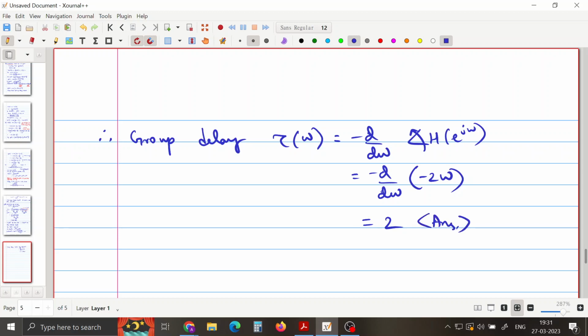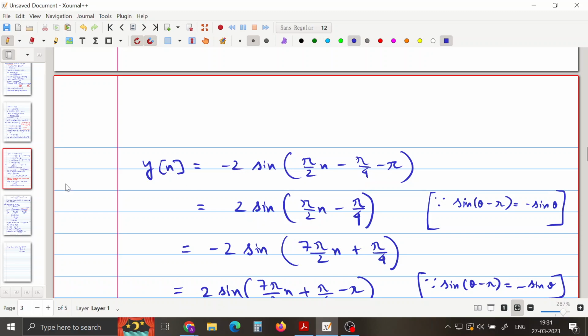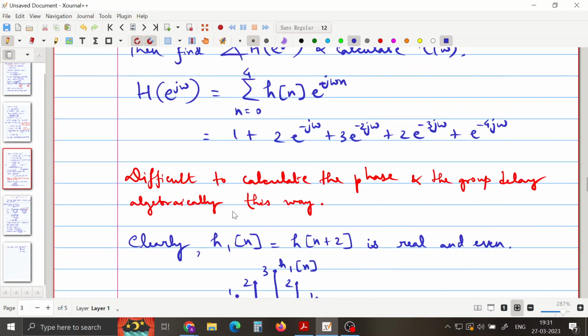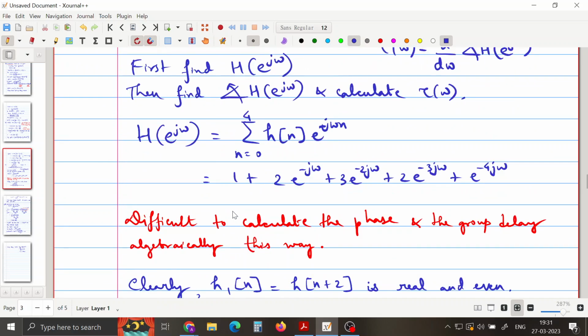So you see, this was a bit tricky problem, because in the straightforward approach, the way we started initially, by taking the DTFT directly and then trying to find its phase, turns out to be a very tedious job.